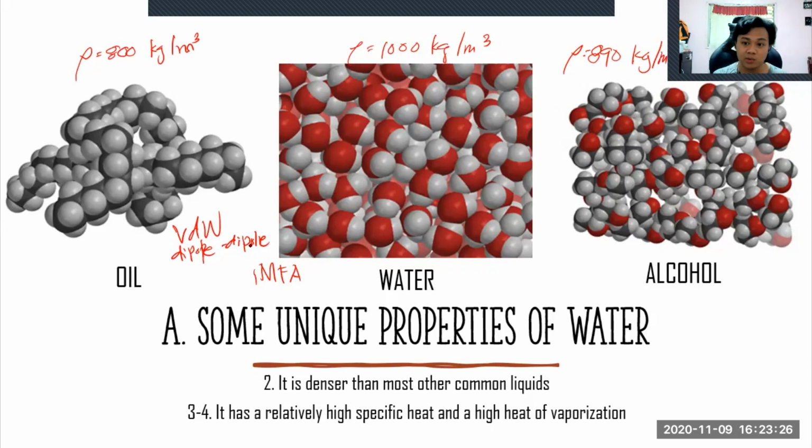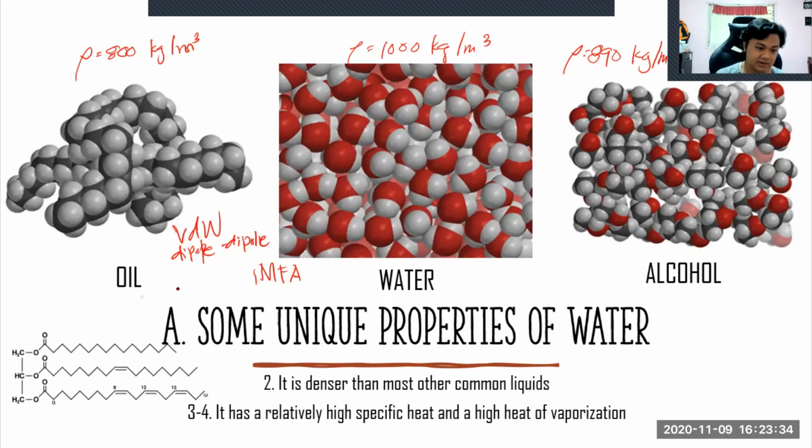So I will show you a molecular structure of an oil. As you can see, it is really a big molecule compared to water. You have a hard time stacking these together to have a stronger IMFA because of its structure.